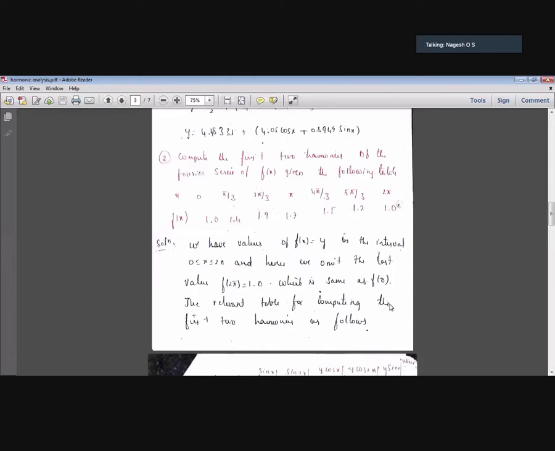Compute the first two harmonics of the series of f of x given the following table: x is 0, pi by 3, 2 pi by 3, pi, 4 pi by 3, 5 pi by 3, 2 pi. The respective f of x values: 1, 1.4, 1.9, 1.7, 1.5, 1.2, and 1.0. Write this.